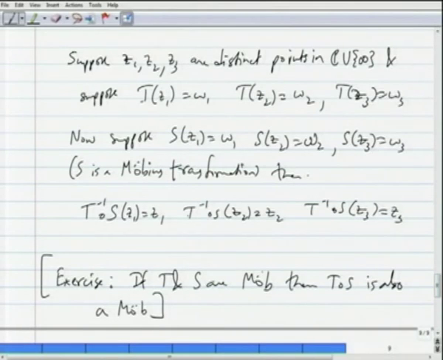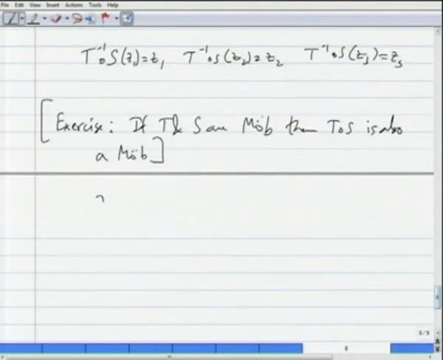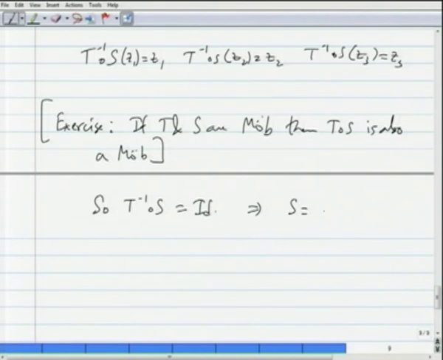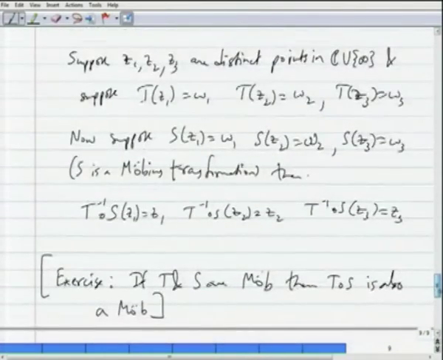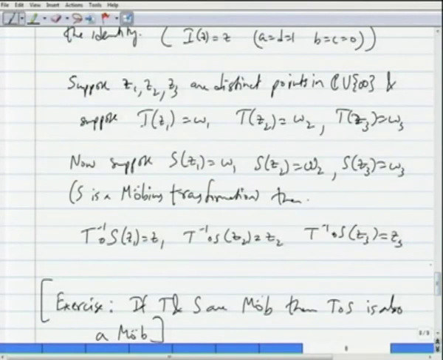And when you show that T inverse circle S will also be a Mobius transformation and it fixes Z 1, Z 2, Z 3, what that says is that T inverse circle S is equal to the identity transformation, which implies S is actually equal to T. So, if you know the image of 3 points via a Mobius transformation, then the Mobius transformation is determined.